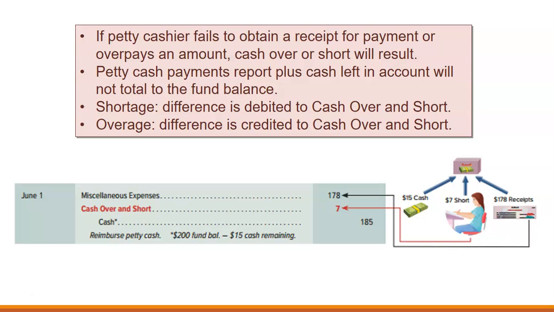So that $7 could have been spent on something that we didn't get a receipt for, or it could have just been pocketed. Unfortunately, we don't really know in those cases. Now, this is something that we would want to keep track of because we don't want to see that every month $7 or $7 to $10 is over or short in our petty cash amount because we don't have receipts for it.